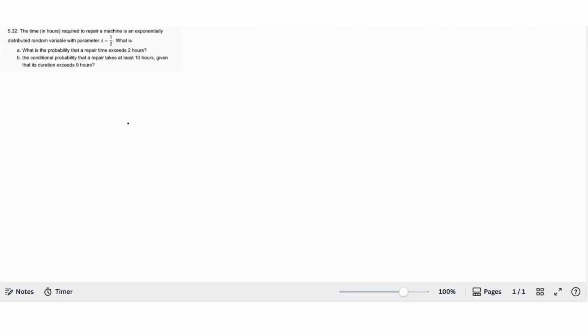We want to look at this question related to an exponential random variable. So here we're told the time in hours required to repair a machine is an exponentially distributed random variable with parameter lambda. So let's first define a random variable.